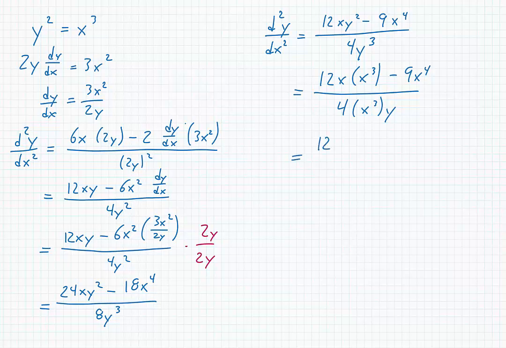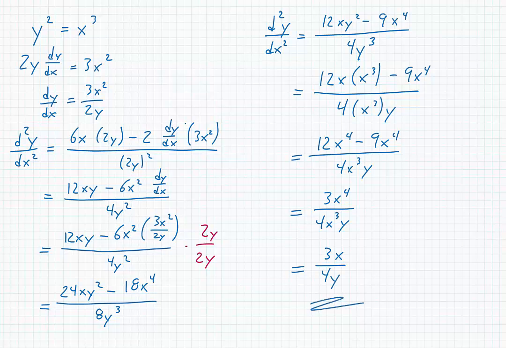So we'll end up with 12x to the fourth minus 9x to the fourth divided by 4x to the third times y, which is 3x to the fourth over 4x to the third times y, and we can cancel a whole bunch of x's top to bottom. We'll end up with 3x over 4y, and that's it.